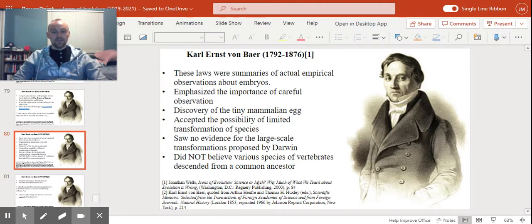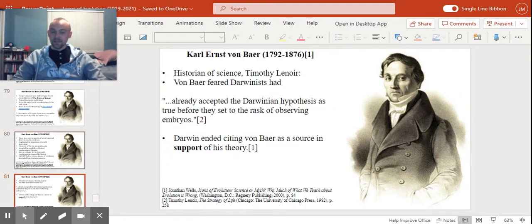He discovered the tiny mammalian egg, and accepted the possibility of limited transformation of species based on what is contained within the embryos. He theorized that there could only be limits on these things. He saw no evidence for the large-scale transformations proposed by Darwin and did not believe that various species of vertebrates descended from a common ancestor.